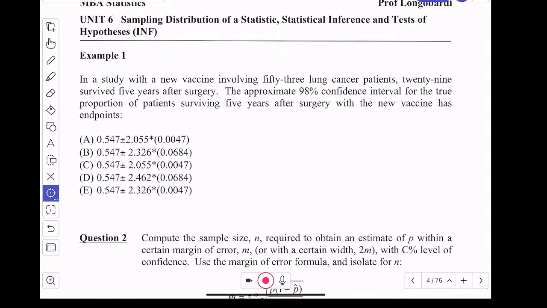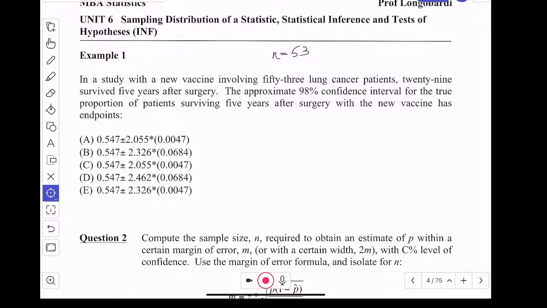So here's an example. In a study with a new vaccine involving 53 lung cancer patients, 29 survived 5 years after surgery. So that is our data. This is our statistic. 29 survived.